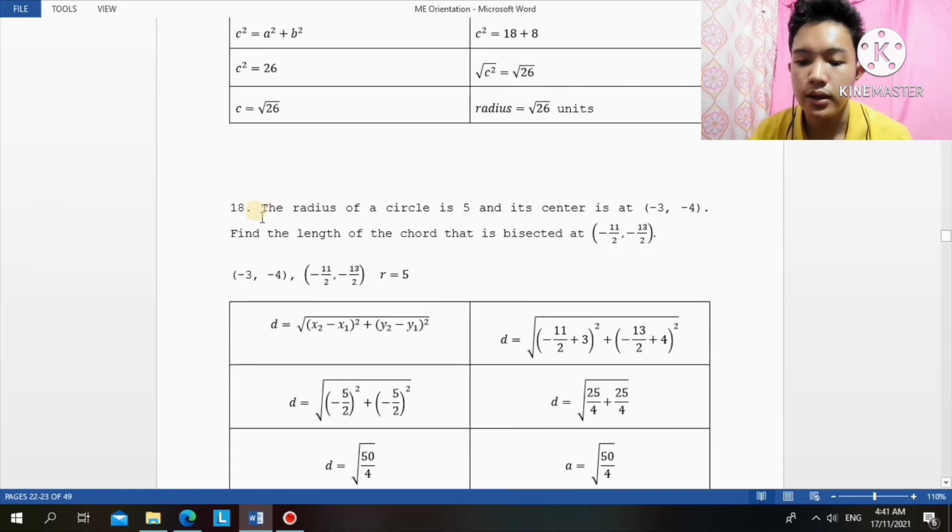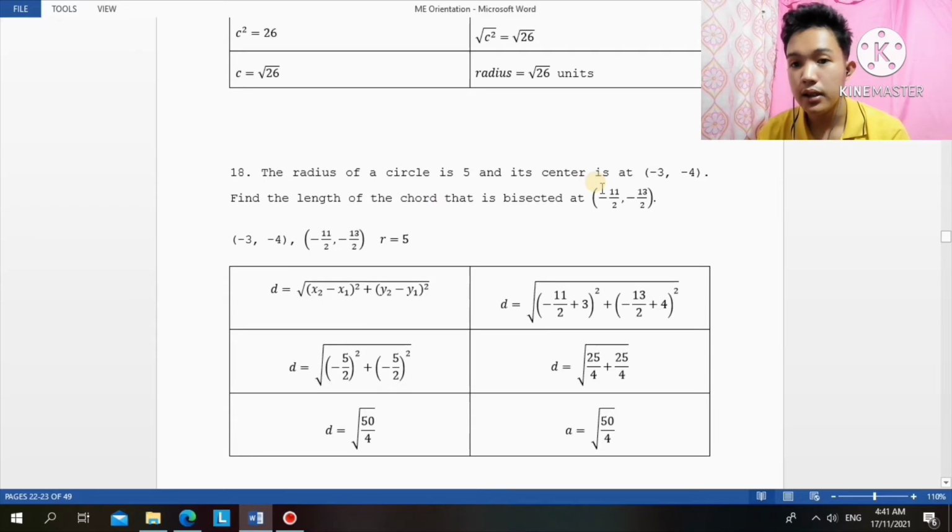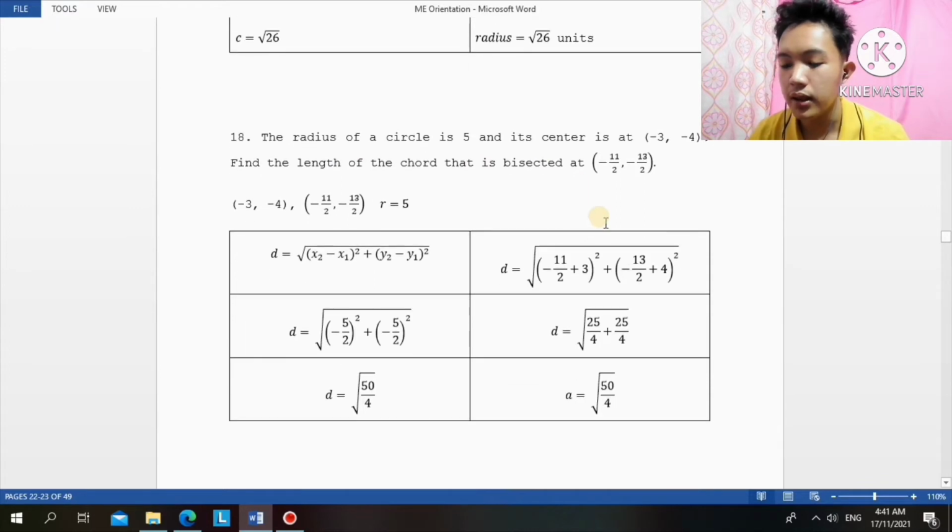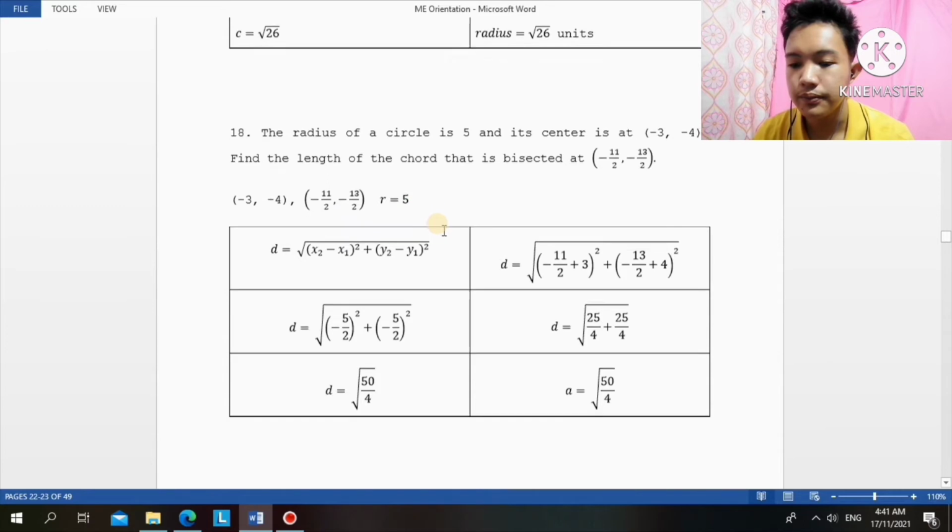So next, number 18. The radius of a circle is 5, and its center is at -3 and -4. So find the length of the chord that is bisected at -11 halves and -13 halves. So our given are -3 and -4, -11 halves and -13 halves, and our radius is 5 units.